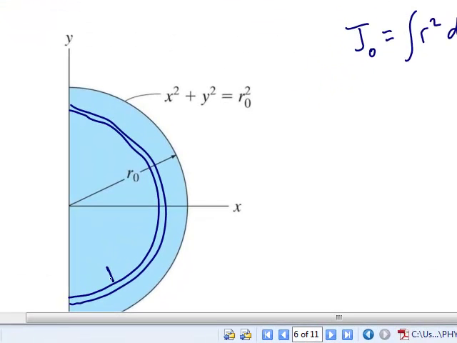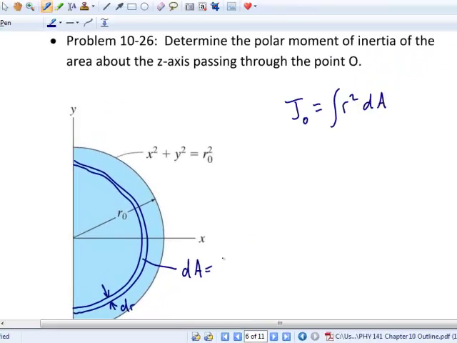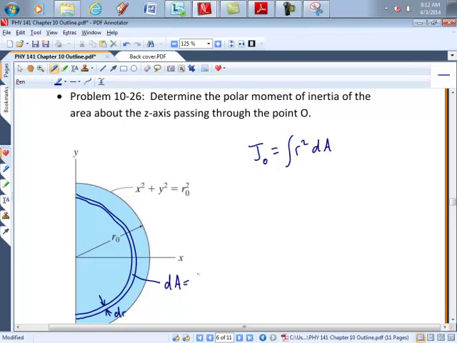So this is going to have a thickness of dr. If that has a thickness of dr, what's its area? Basically, this thin arc we can take and straighten out and turn into a rectangle.